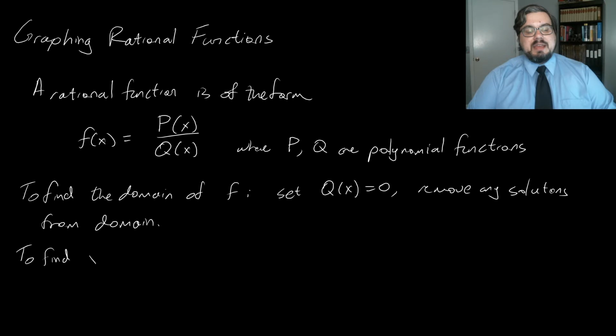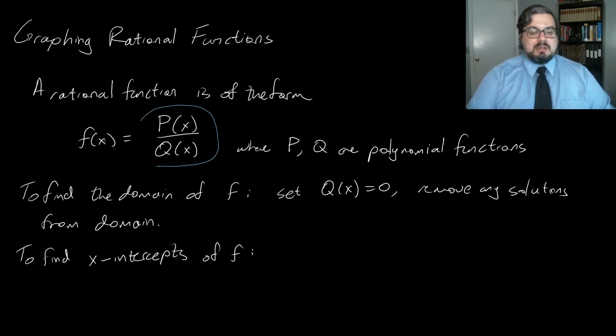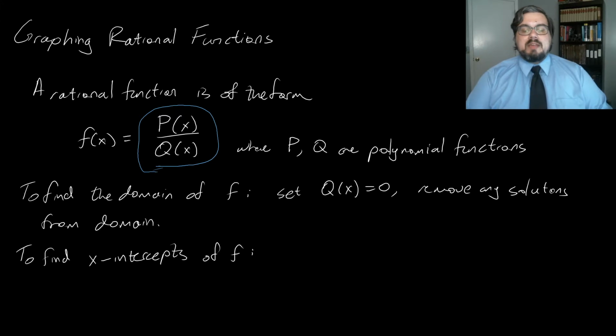Now, to find the x-intercepts of f, these will be numbers where when we plug them into the function f, we get 0 out of it. Now, the fact is that when we're looking at a fraction like this, the only way for a fraction to be 0 is if the numerator is 0. So if the numerator is 0 and the denominator isn't, then the whole fraction is 0. But if the numerator is not 0, then there's no way for the fraction to be 0.